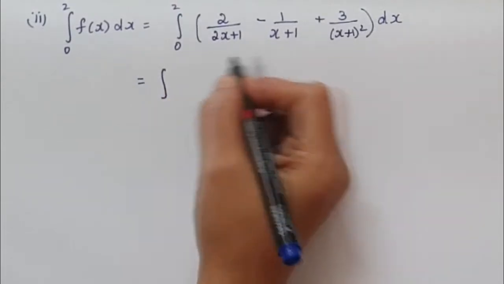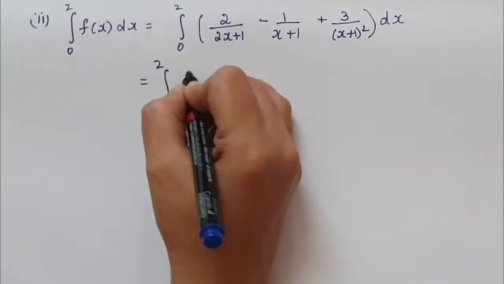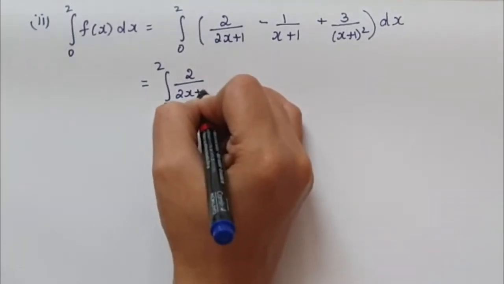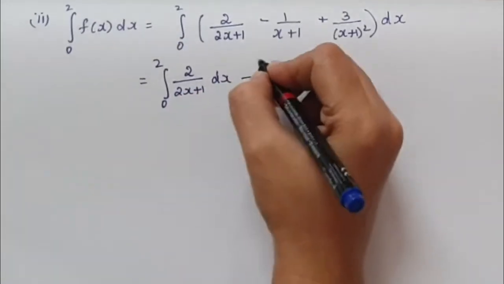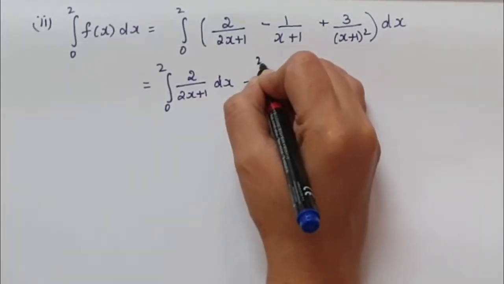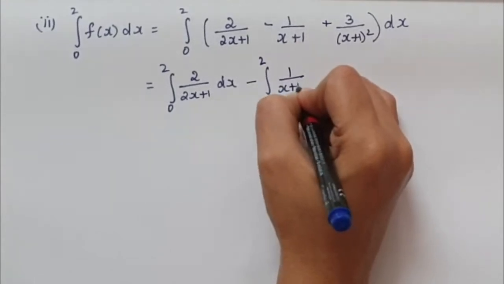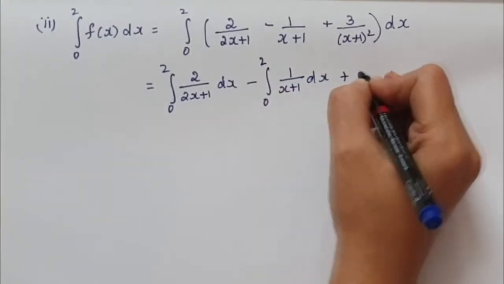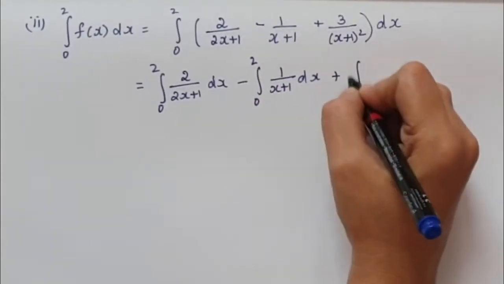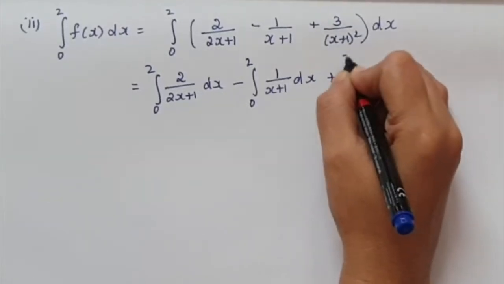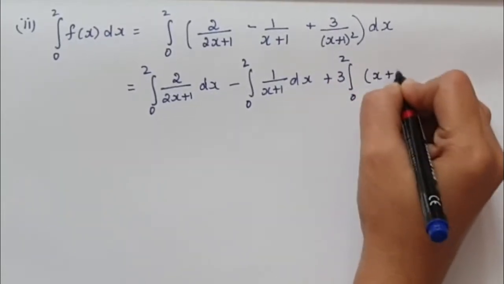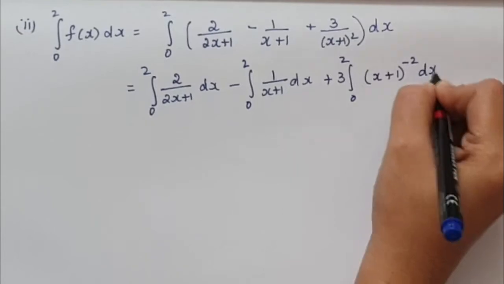We can split into 3 integrals and write 0 to 2, 2 over 2x plus 1 dx minus 0 to 2, 1 over x plus 1 dx plus integral, I'll take the 3 out, 0 to 2 x plus 1 to the power of minus 2 dx.